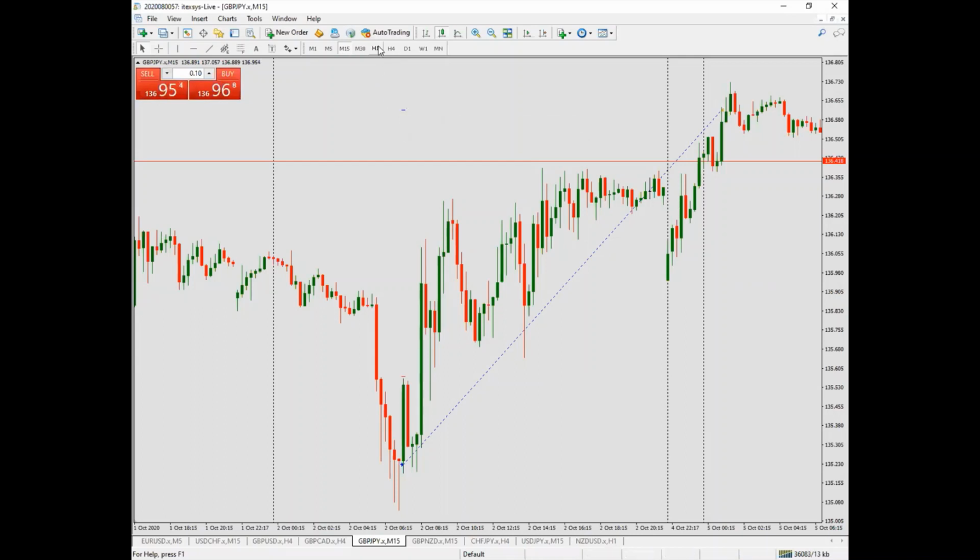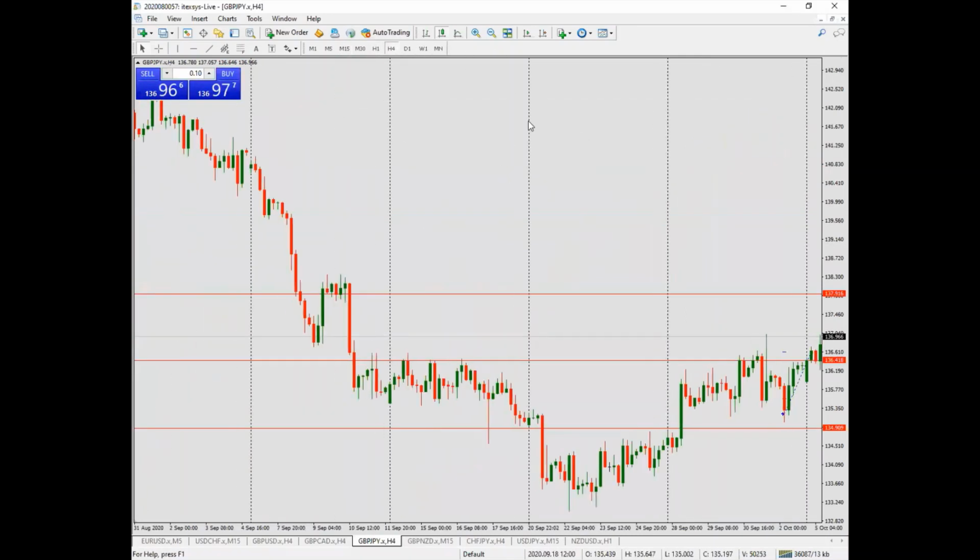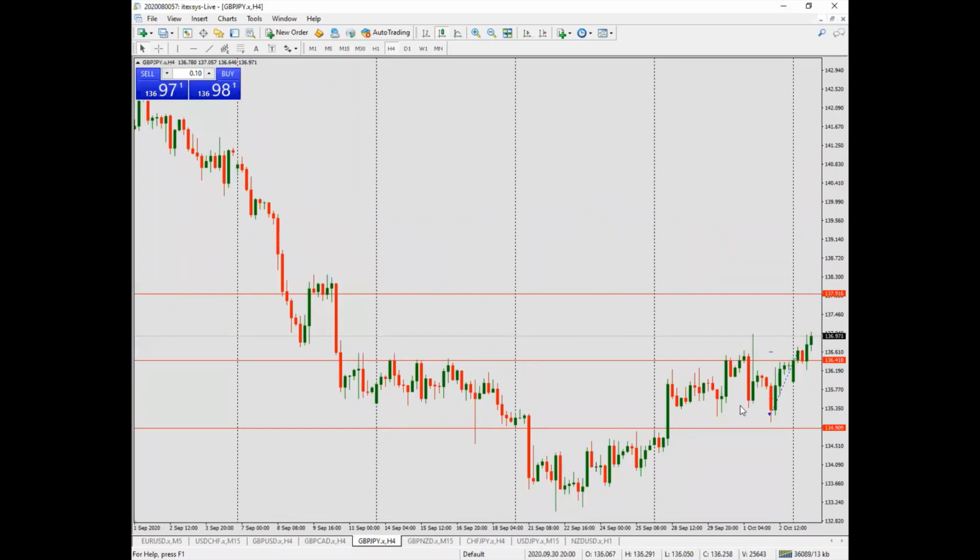So that was a nice position, but more important is that you understand the reason why I bought the GBP against the Japanese yen here. Why I believe the price is on its way up to reach at least this level is because of where we came from before we opened the position.